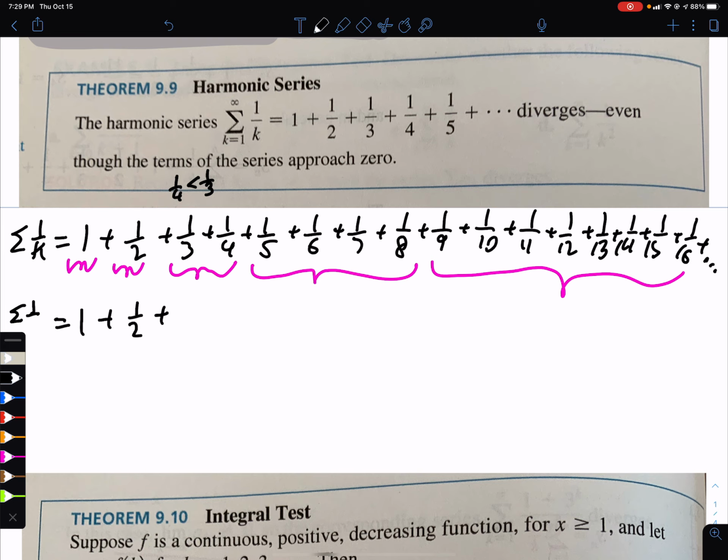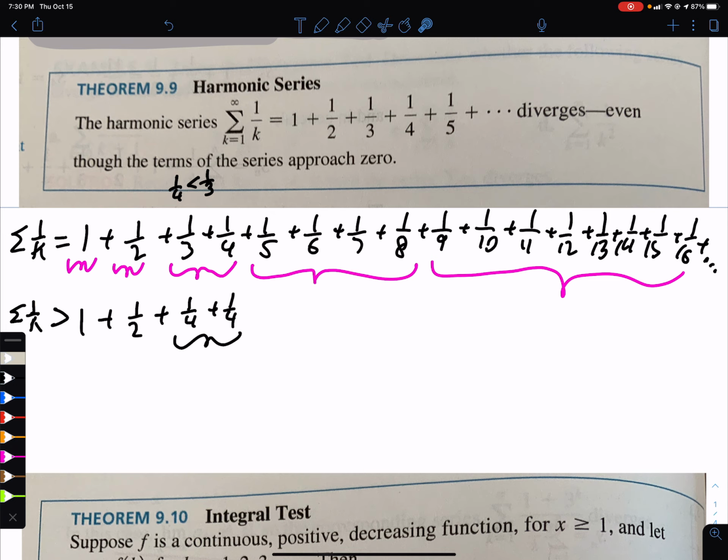So if I replace this 1/3 with 1/4, the sum is going to be smaller. So I'm going to put a 1/4 there and a 1/4 there to replace that. Now, if this is smaller than that, then I can say that the sum of this series is going to be smaller. Or in other words, this series is going to be bigger than that because I replaced this with something smaller.